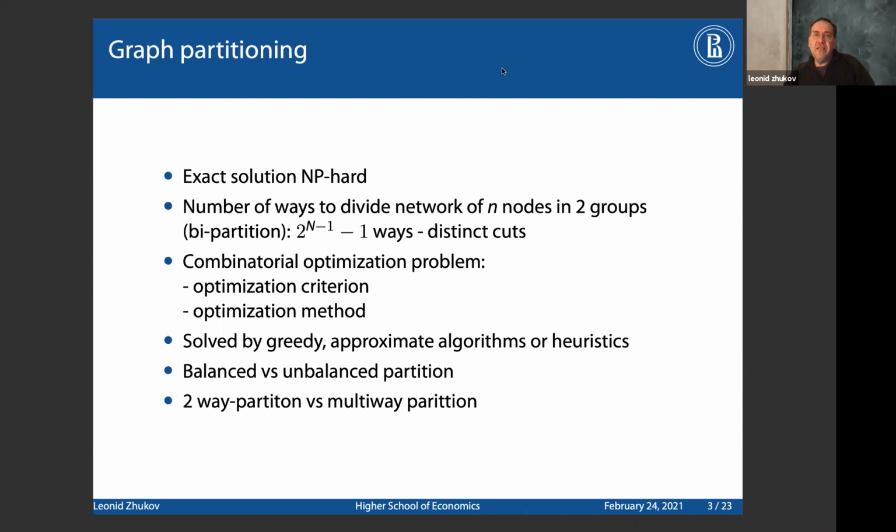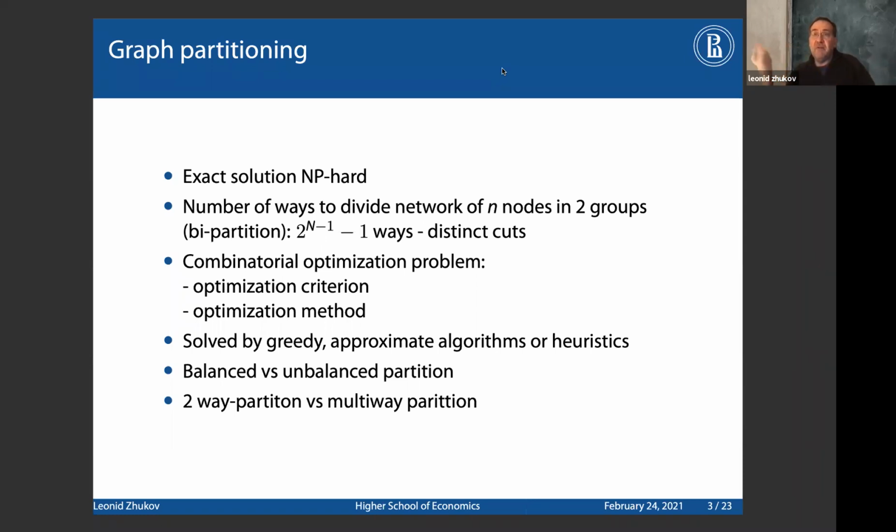And the reason for that is just because there's a factorial-large number of ways to split a graph into pieces. For example, if we just think about two groups of nodes, then there are 2 to the power n minus 1 ways to do the split. The reason for that is because each node can be in one of two groups, so each node has two options.